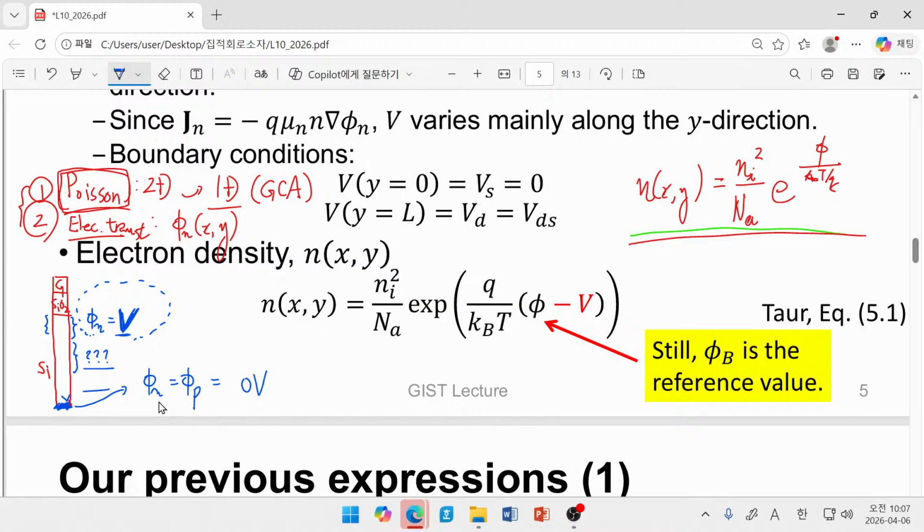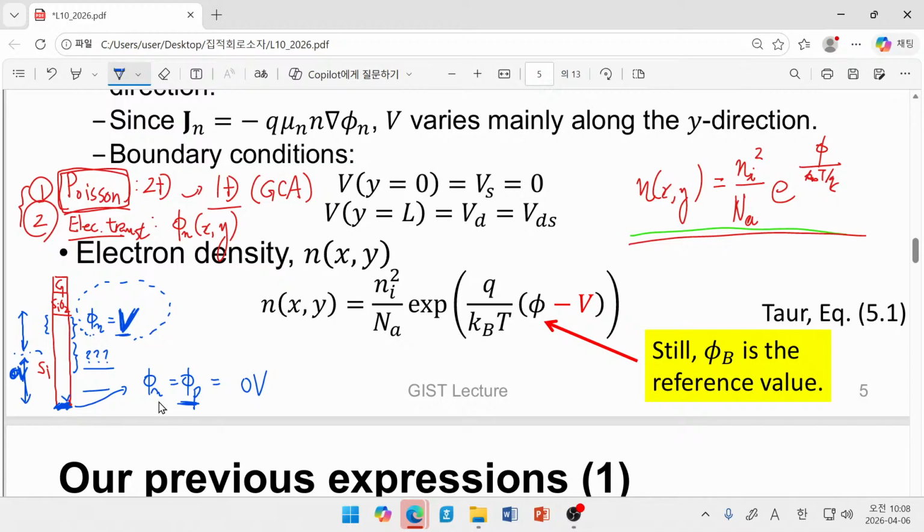Hole quasi-Fermi potential. Here we actually have a lot of holes in the deep substrate, so it is certain that our hole quasi-Fermi potential is just kept at 0 up to a certain point. The next question is, beyond that point, what will be the value of our hole quasi-Fermi potential?